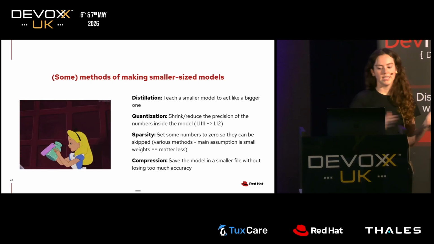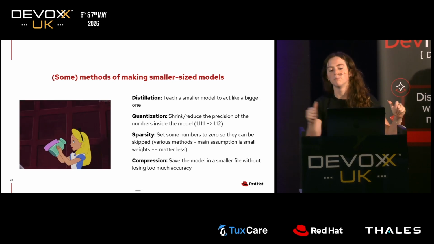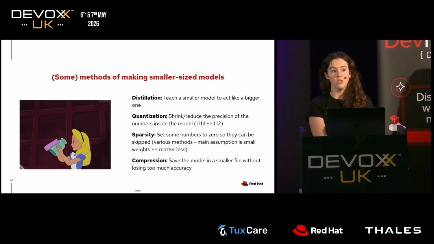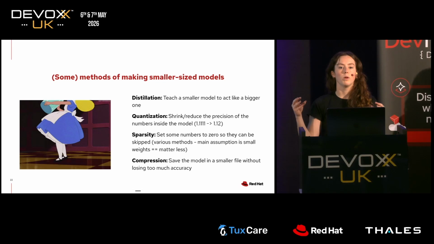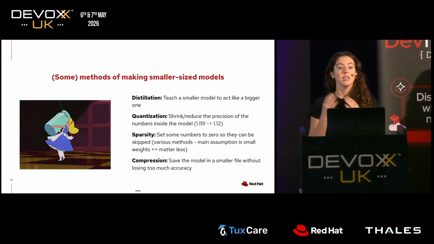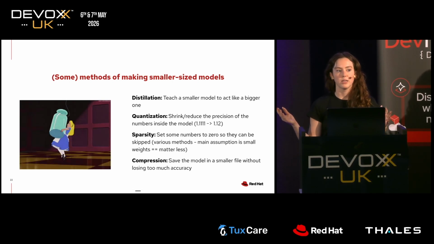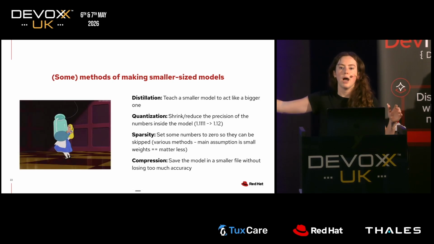Okay, quantization. Super standard. This is what we're all doing. We're shrinking and reducing the precision of the numbers inside the model, aka the parameters, or the numbers that we get when we query the model, aka the activations, right? The way that I think about this is pi, right? We all probably had that experience in lower school where we tried to memorize as many digits of pi as possible.